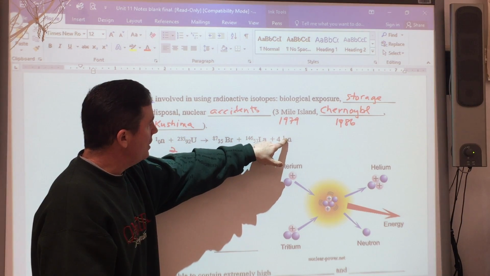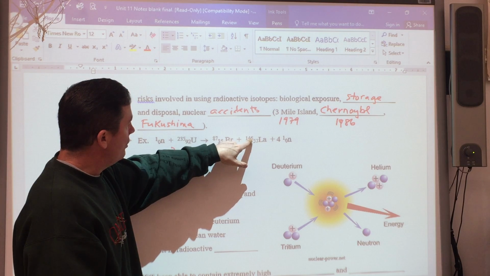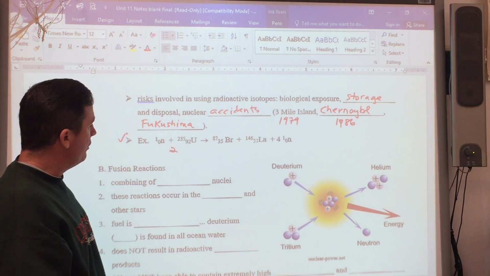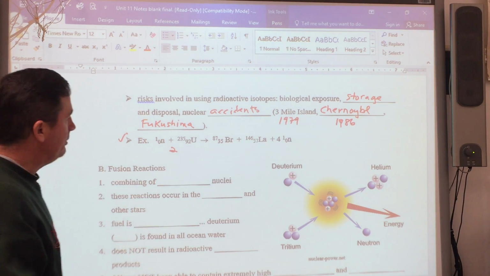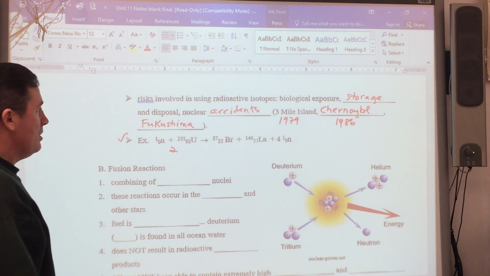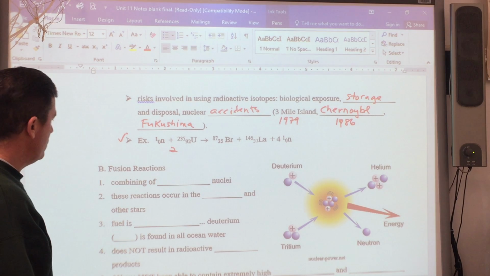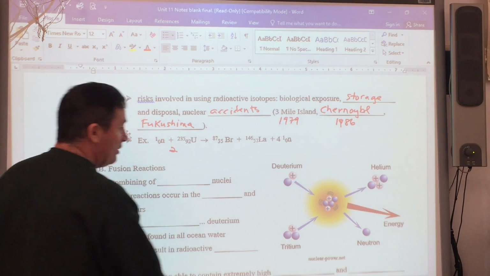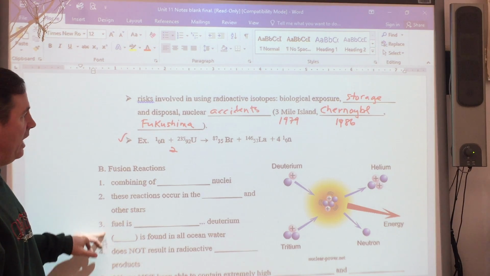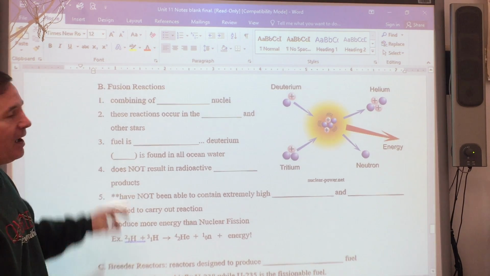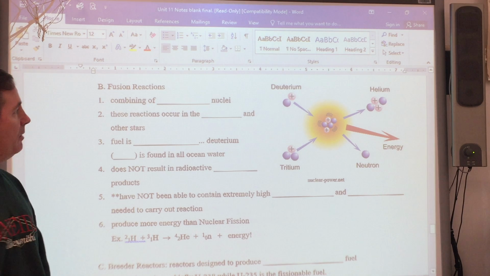So 4 of these, so 4 is 150, 236. Okay? All right. So we'll do some practice balancing those as well. So that is fission. That's what happens in nuclear reactors. That's what happens when nuclear bombs are exploded.